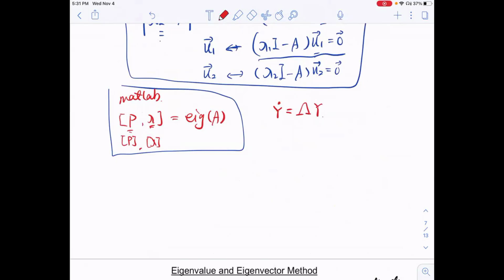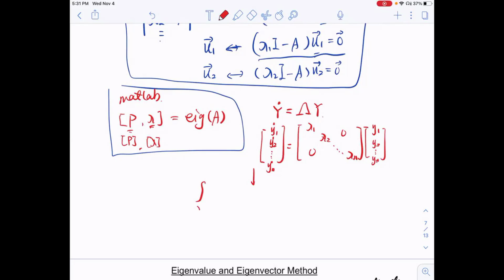Let's write it out. We have y1 dot, y2 dot, all the way to yn dot, equals lambda 1, lambda 2, all the way to lambda n, times y1, y2, and yn. Even though we write these equations in matrix format, there is a very special property: you can actually write it out into n equations.